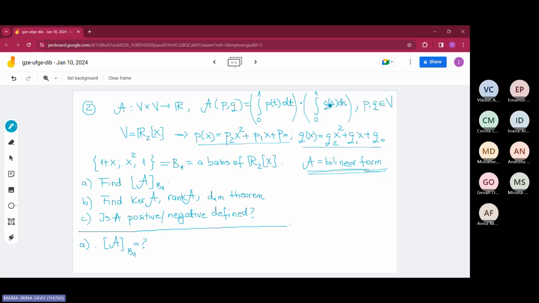Replace Q of S by Q2 S squared plus Q1 S plus Q0. And then please make these computations in order to find the form of A. Because if you don't know the form of A, you won't be able to write the matrix. Okay, 3 minutes.